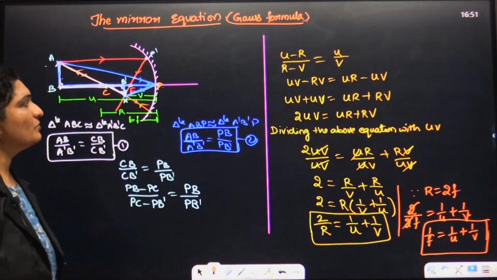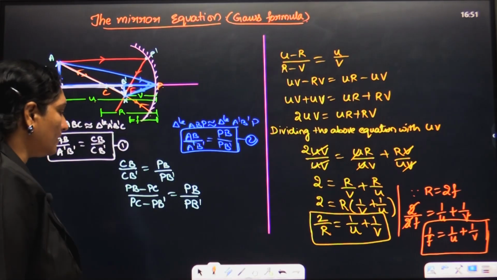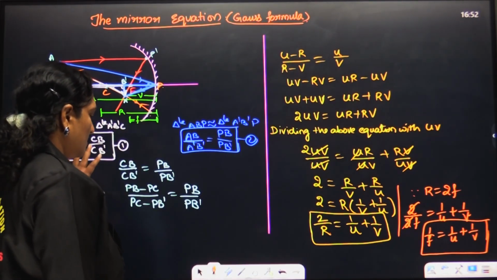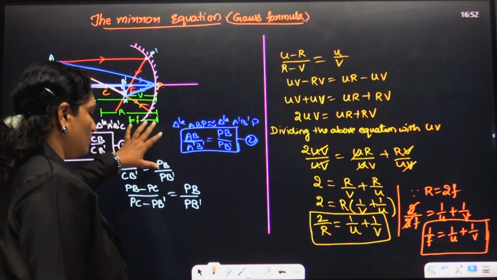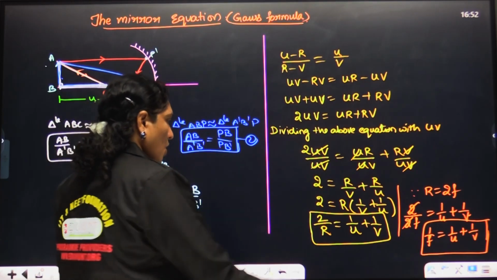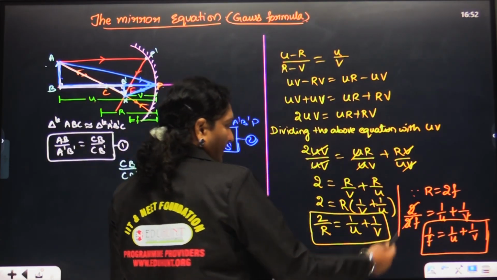First of all, let us move to the next concept, which is all about magnification. So, what is the mirror equation, children? The mirror equation is the equation relating the object distance, image distance and focal length.